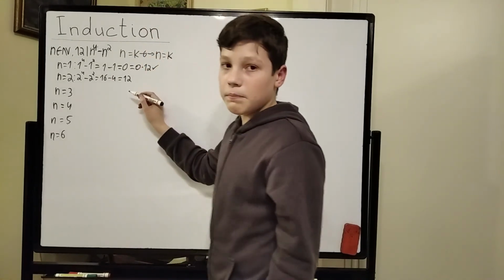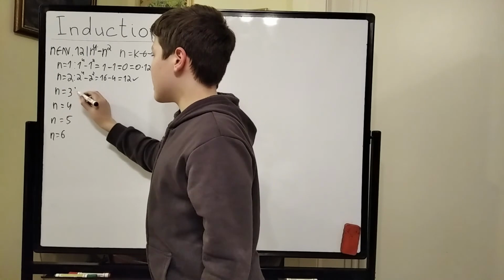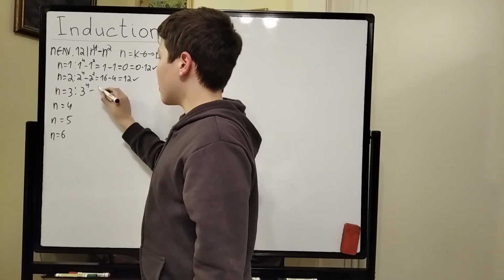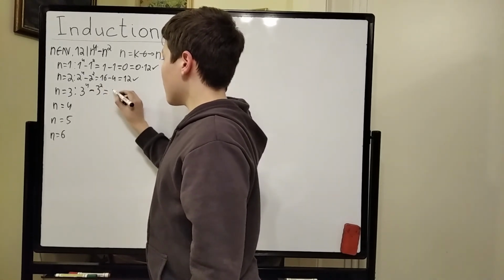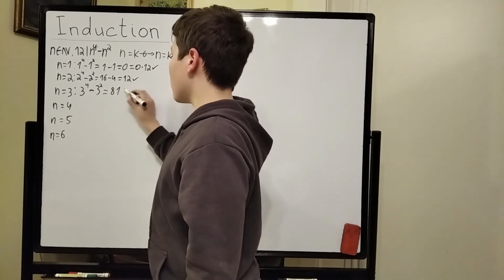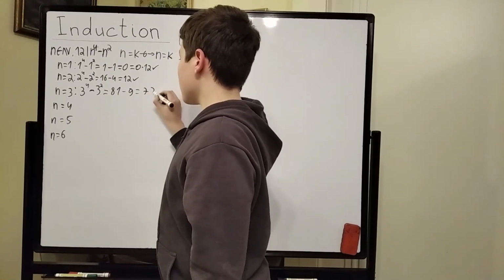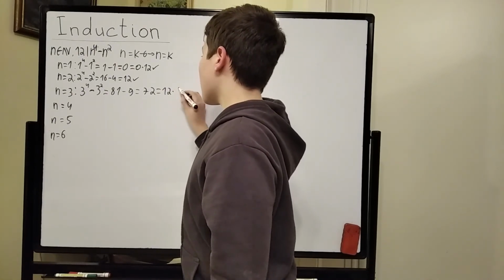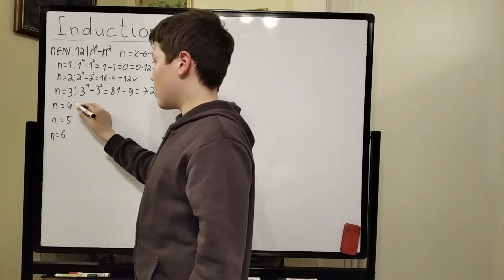That obviously divides into 12. Next we have n is equal to 3, so we have 3 to the fourth minus 3 squared, so we have 81 minus 9, which is 72, which is 12 times 6, so that also divides into 12.